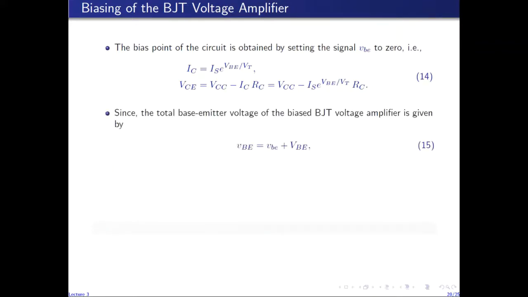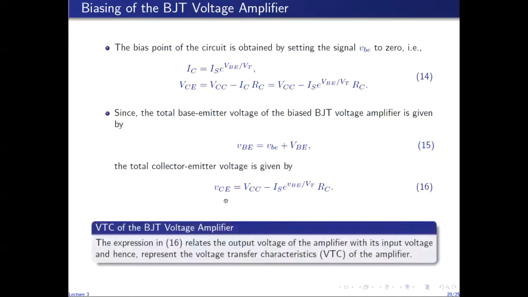Since the total base-emitter voltage is the DC biasing voltage plus the signal, we write again for ease of reference the total output voltage, which is given by the total input voltage through this relation. Since this expression relates the total output voltage with the total input voltage, it represents the voltage transfer characteristics of the amplifier.